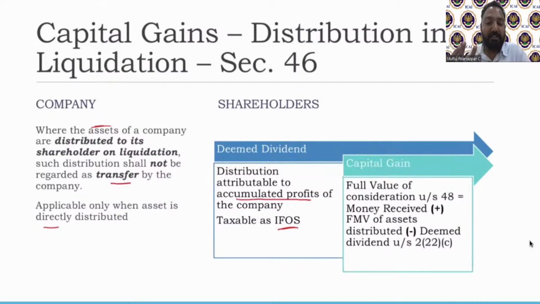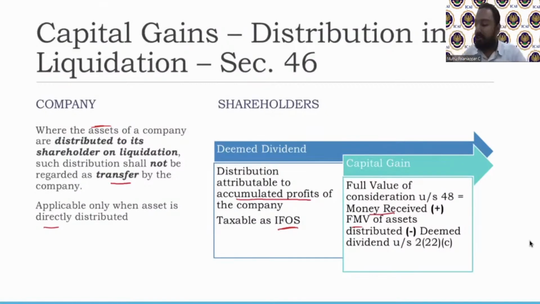The full value of consideration is money received plus the fair market value of assets distributed, minus the deemed dividend under section 2(22)(c).